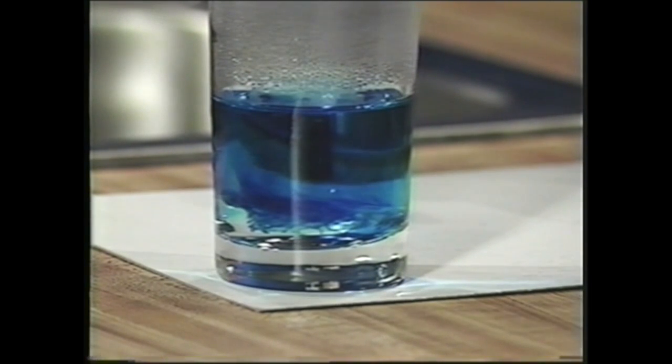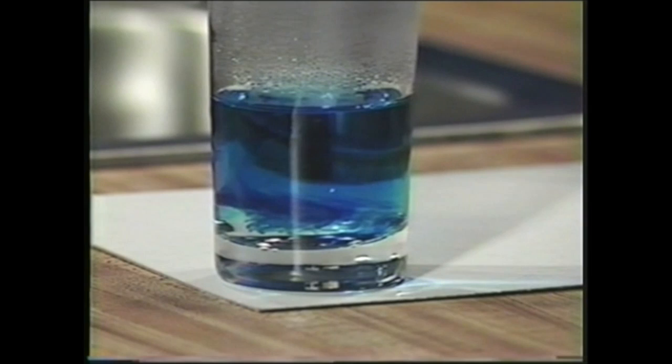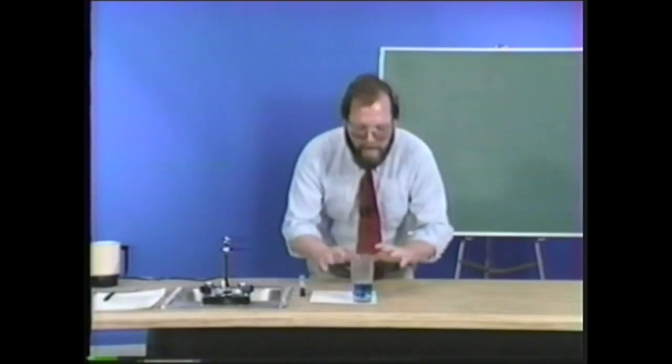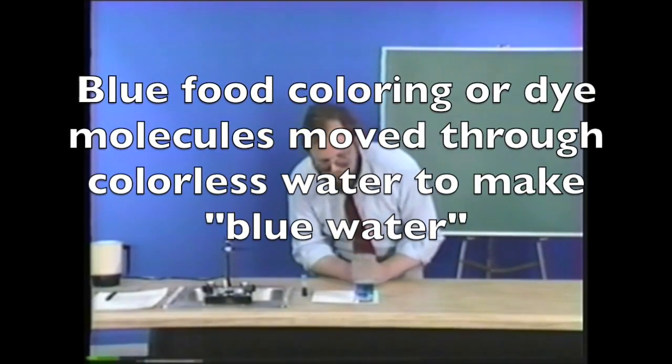Okay, it looks like all of our water now has just about taken on a pale color of our food coloring molecules. Now, how can this be? Well, the collection of blue food coloring molecules had to move throughout our collection of colorless water molecules.